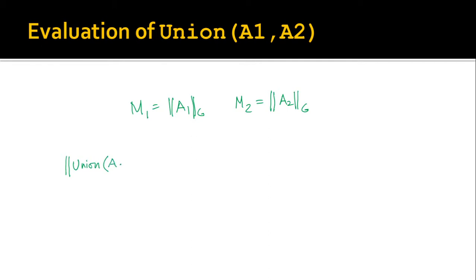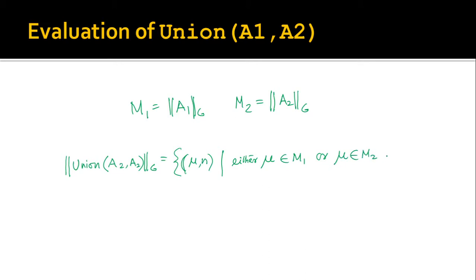So what is the result of evaluating the union operator? You have got two input algebraic expressions, A1 and A2, and this would be basically, again, a multiset, a solution and multiplicity, right? So here this mu should either belong to M1 or belong to M2, right?